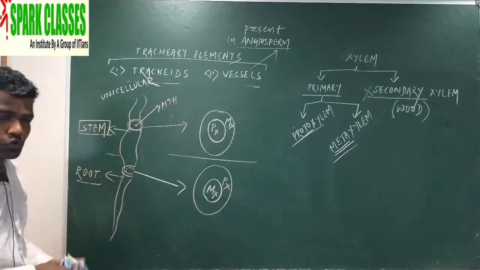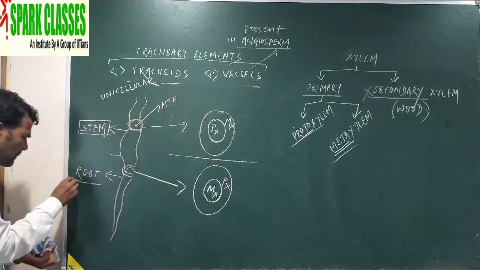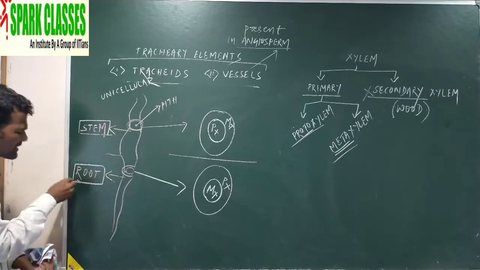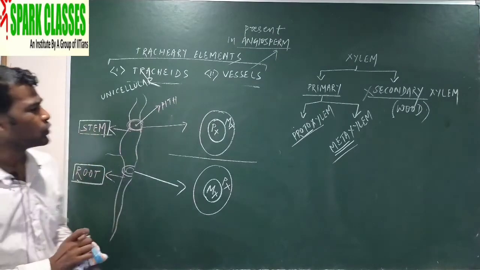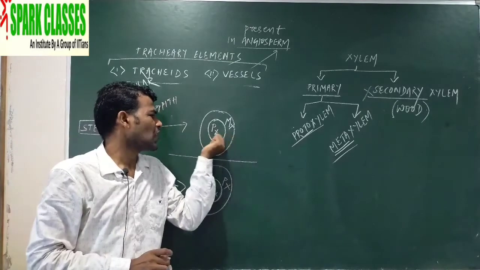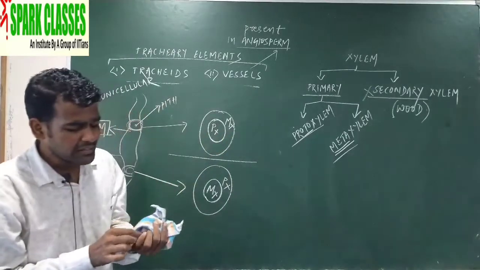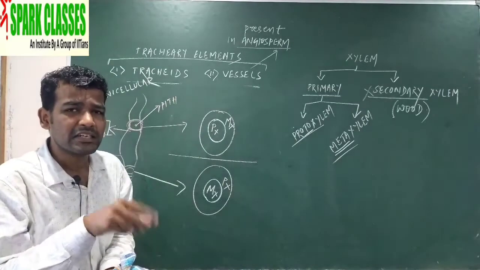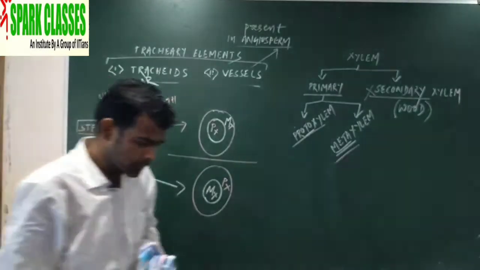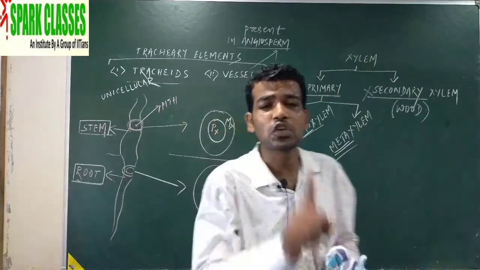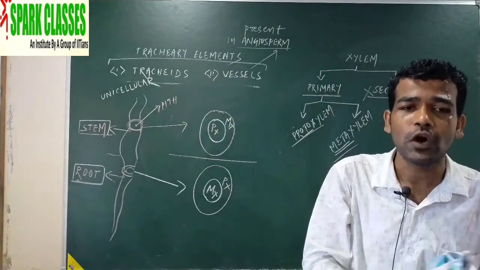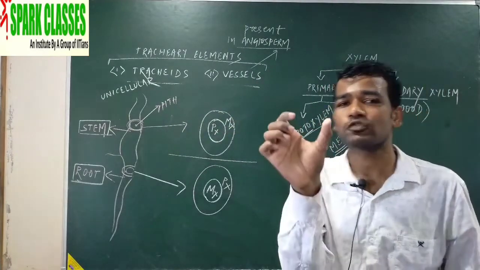Now tell me, in the first case, in case of stem, protoxylem is present in the center, means the inner side. When anything is present inside, it is called endo. You all know the word endo is used, just like endosmosis. You have read in chemistry endosmosis and exosmosis.